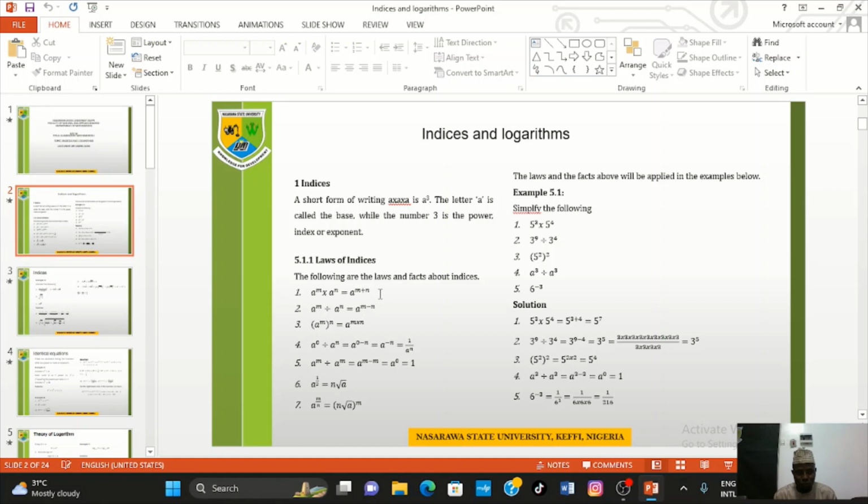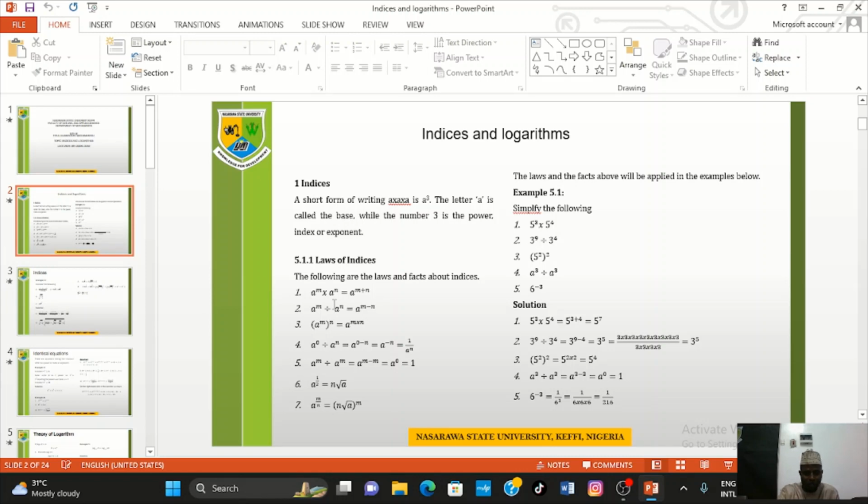Number 2: a raised to the power of m divided by a raised to the power of n gives a raised to the power of m minus n, meaning if numbers of the same base are divided, you subtract the powers. 3. a raised to the power of m, in brackets, raised to the power of n, equals a raised to the power of mn.